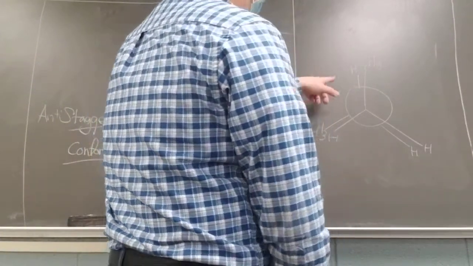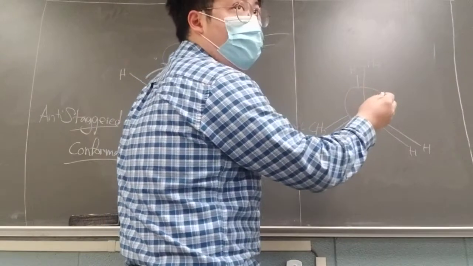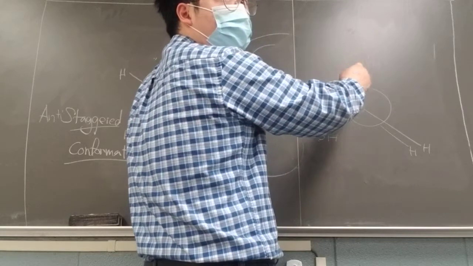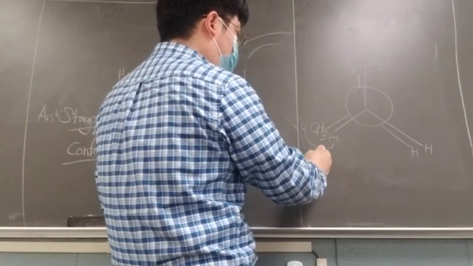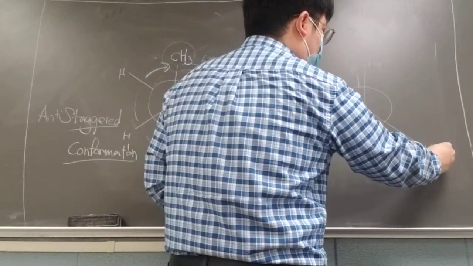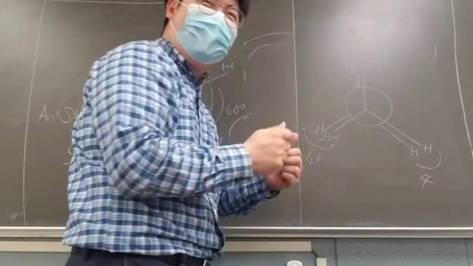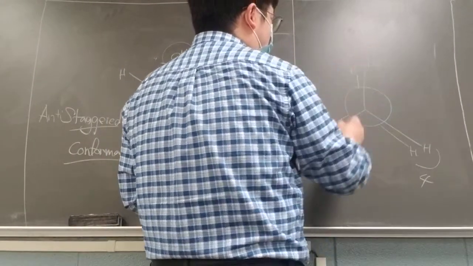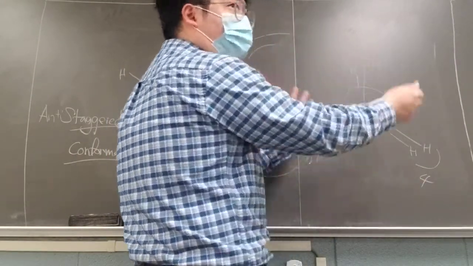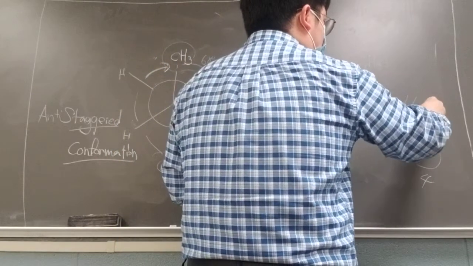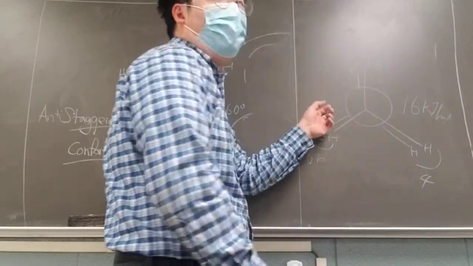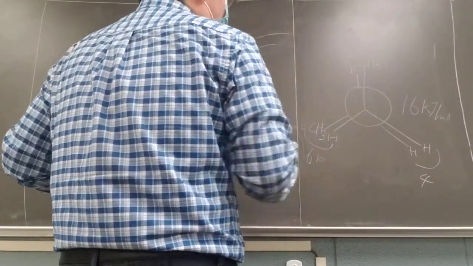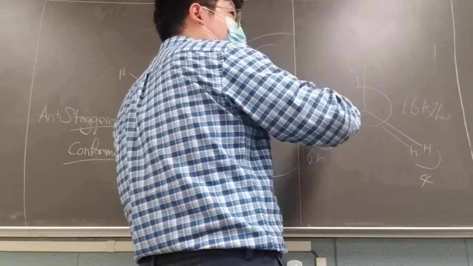So if we did this, could you guys remember this was what? 6, right? 6, okay. And this is what? 4, perfect. Nice, great. So this is 6 plus 6 and 4, right? So in total, you're going to need about what? 16 kilojoules per mole of energy to make it happen, right? We good? Okay.